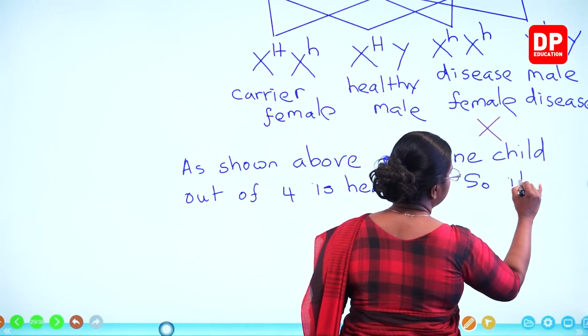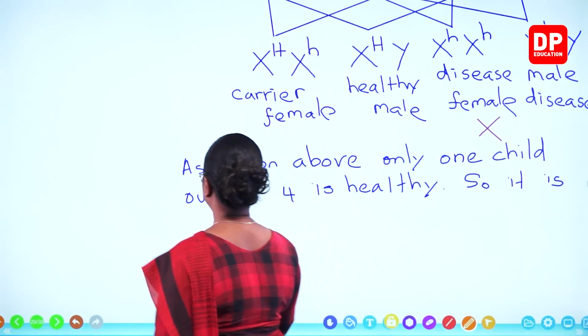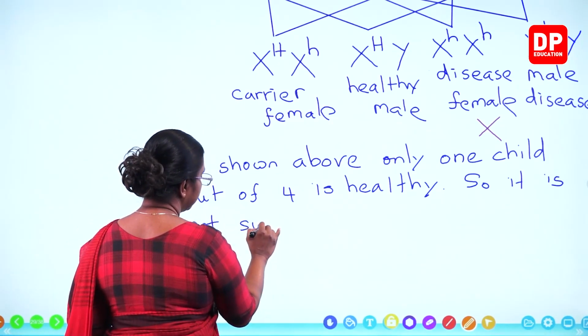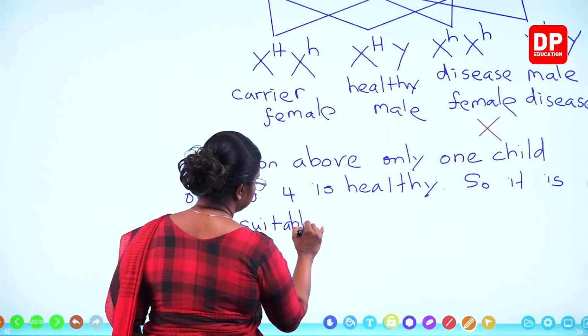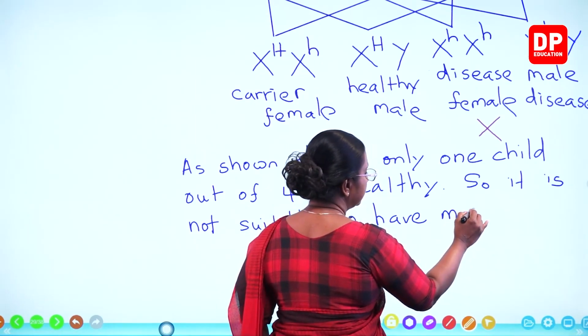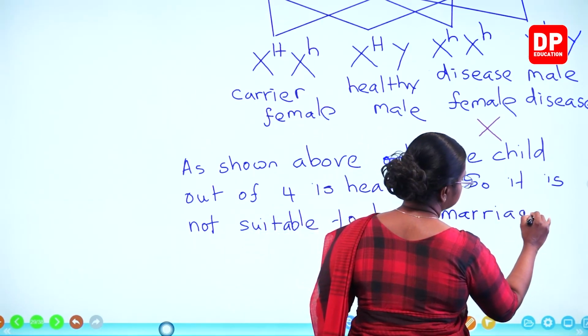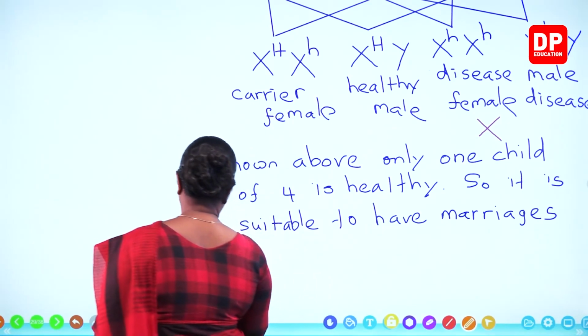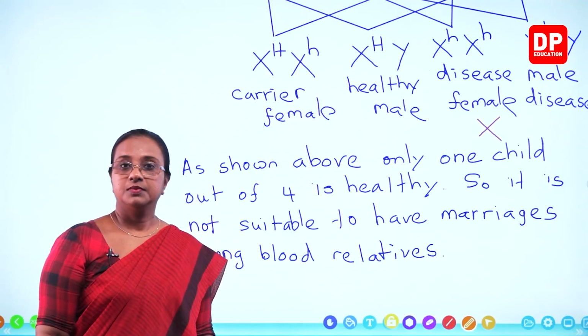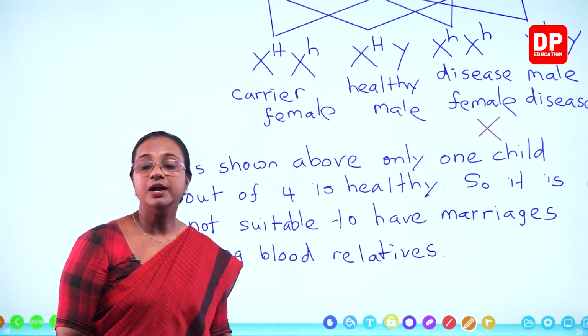So it is not suitable to have marriages among blood relatives. So that is how you need to explain.